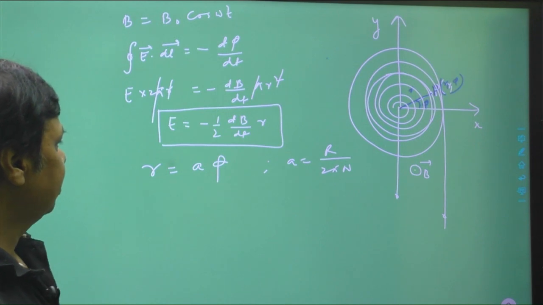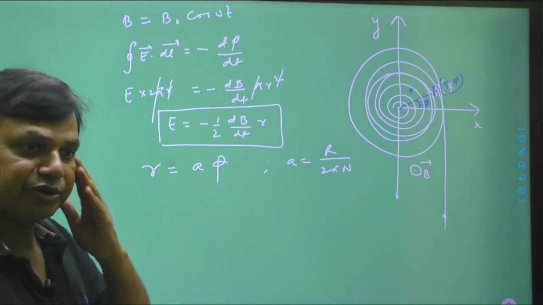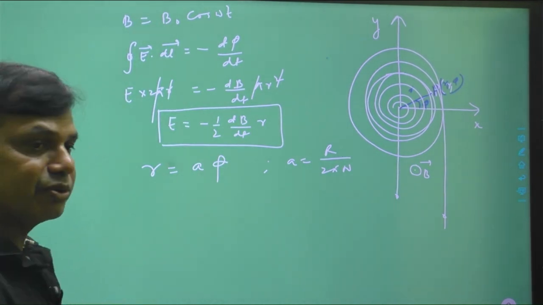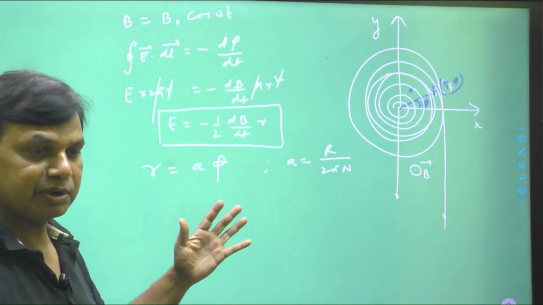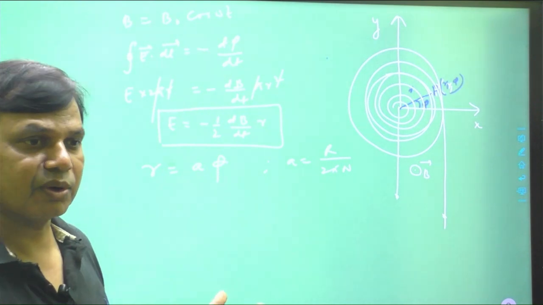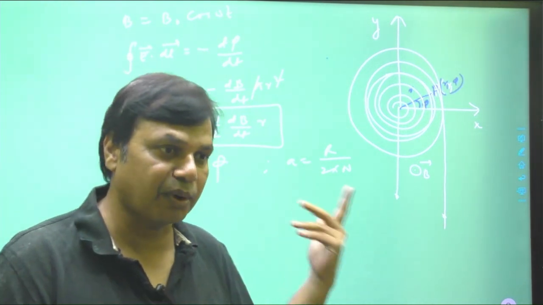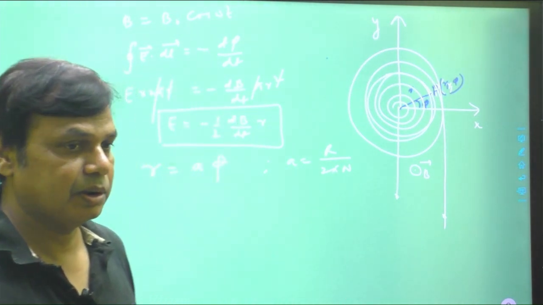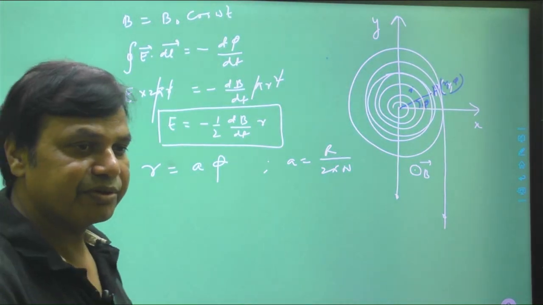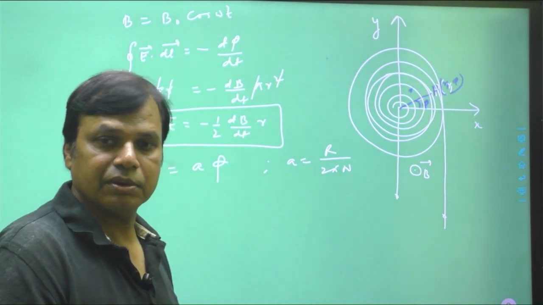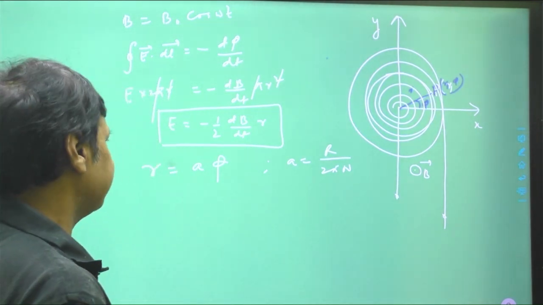This is from higher mathematics, of course. The spiral is not part of the plus 2 syllabus, but this can be solved using the concepts of the plus 2 syllabus, and I've solved it already. But people were furious about the solution. It was not understandable, so I'm trying to solve it methodically.